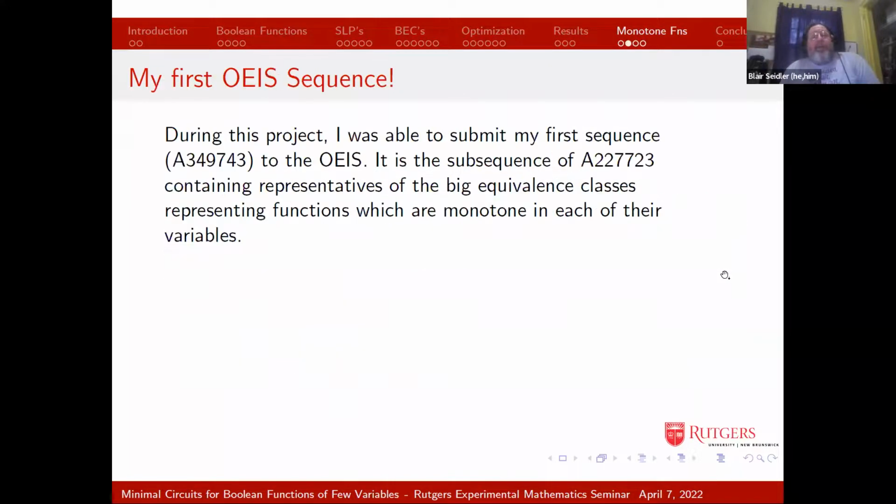And here is the big exclamation point. I hope Neil is still here to see this slide. During this project, I did get to submit my first ever sequence to OEIS. It is specifically a subsequence of 227723 with the big equivalence class representatives for the monotone big equivalence classes. So that was a pleasing moment during this process.